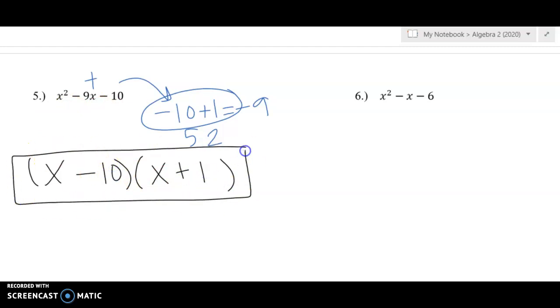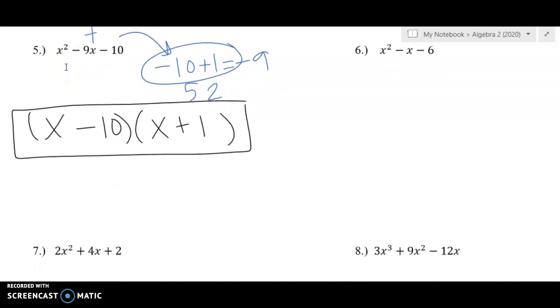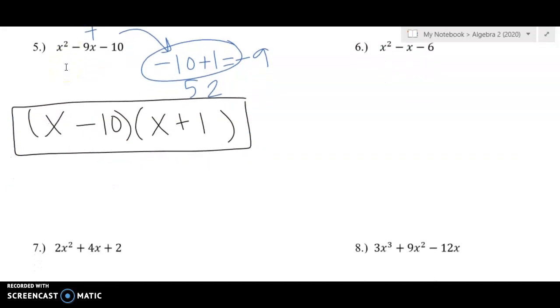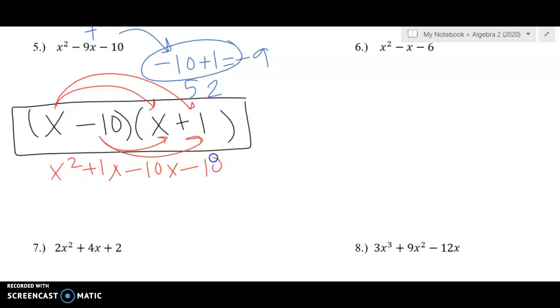And I'm going to show you one more time if you want to check your work and you want to FOIL this. So I'm going to do x times x, that's x squared, x times 1, that's 1x, negative 10 times x is negative 10x, negative 10 times 1 is negative 10.